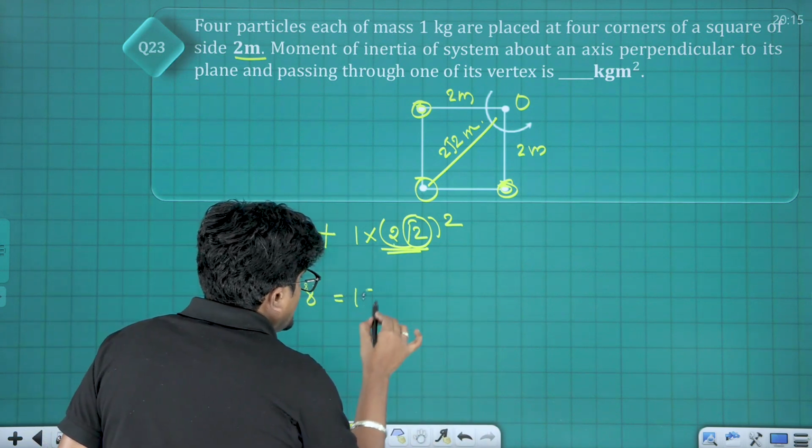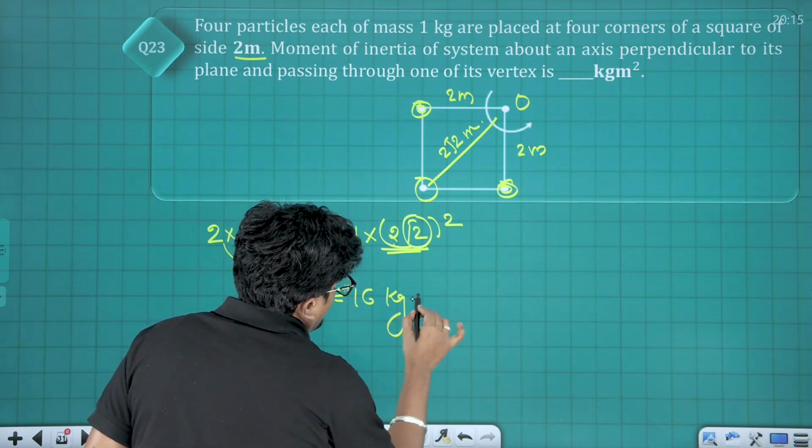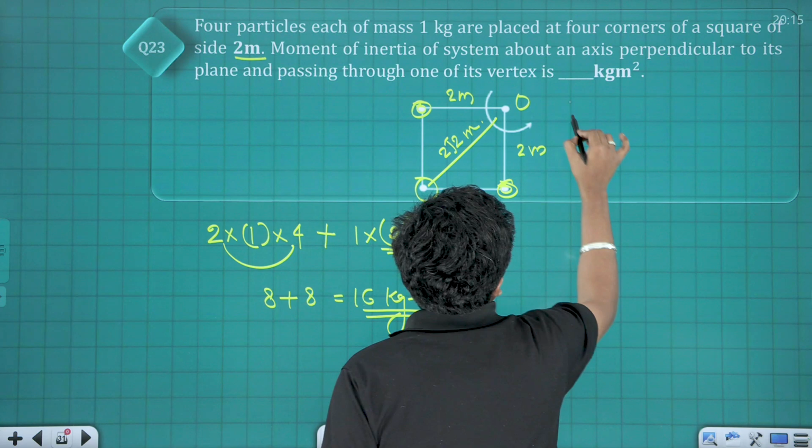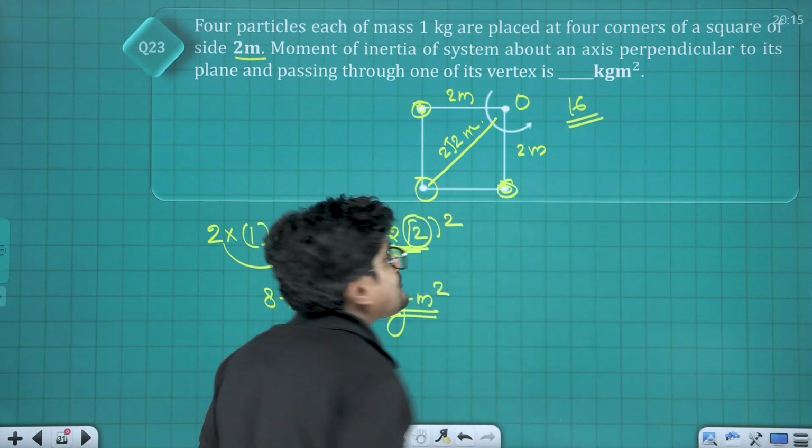So here this needs to be 16 kilogram meter square. So here the answer is 16.